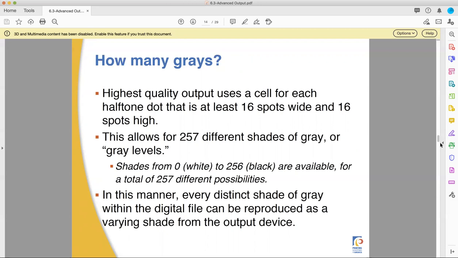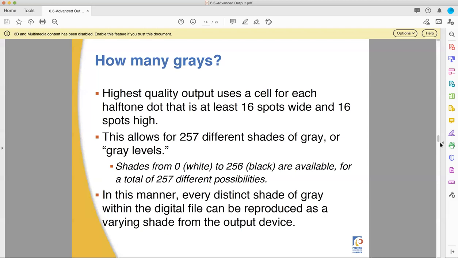You get 257 different shades of gray doing this, called gray levels: 0, nothing, and 256, completely covered, are also available, as well as 255 intermediate steps. And all of that adds up to the ability to do that many gray levels.